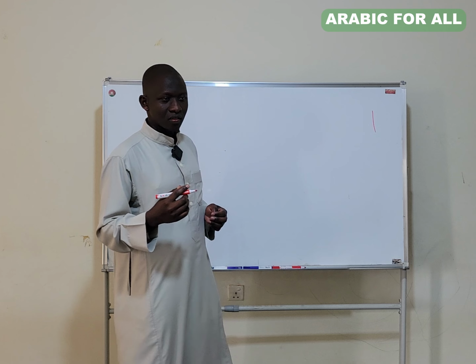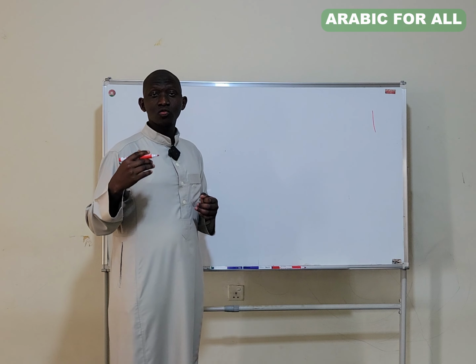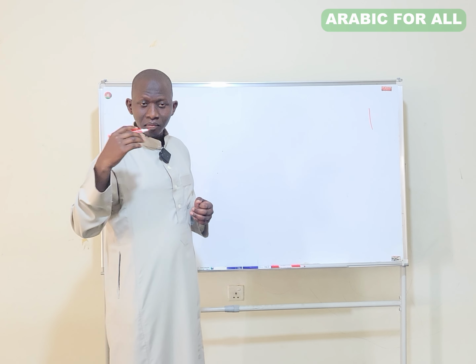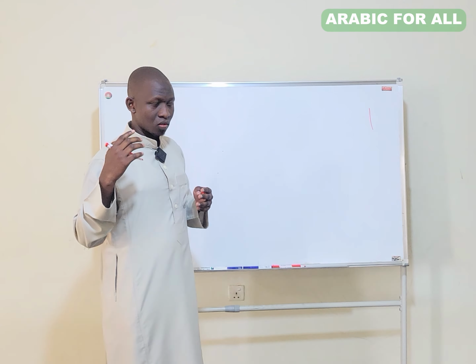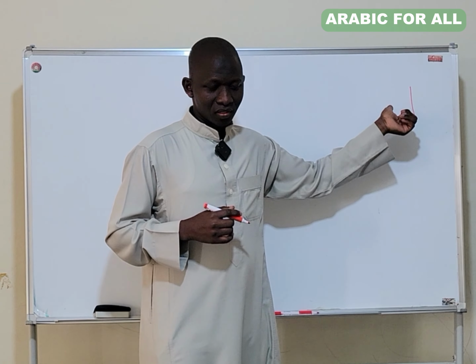There are 28. There are others that will be added to them that help us to make statements. For example, what we call Hamza is sometimes merged with alif to make one letter. We have alif, which is the first letter of the Arabic alphabet.